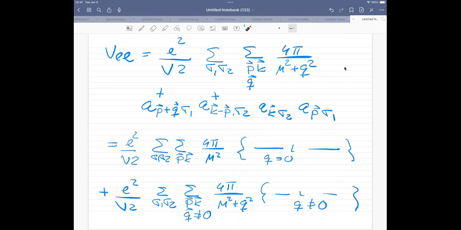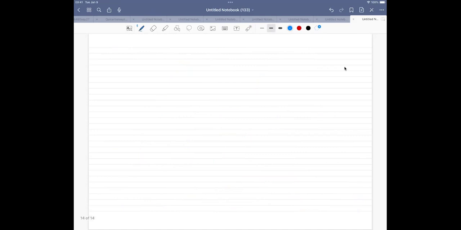When you look at this specific term here, that is a term which can be written in terms of the number operator squared minus the number operator times constants. So the first term, I'm just going to state that one.